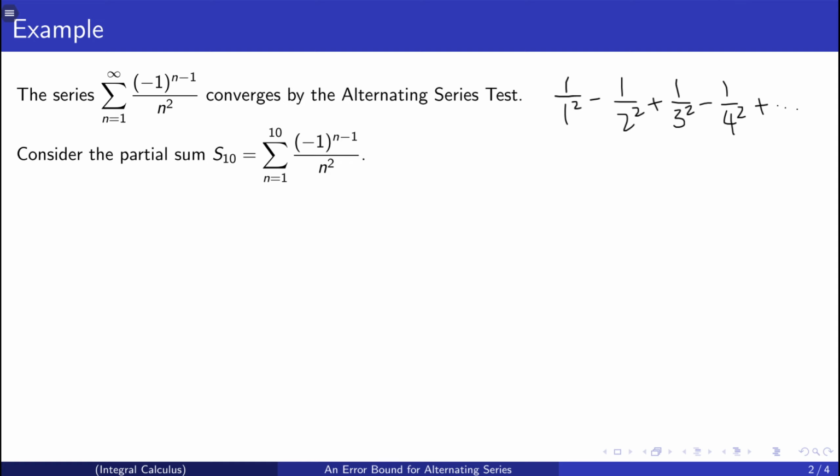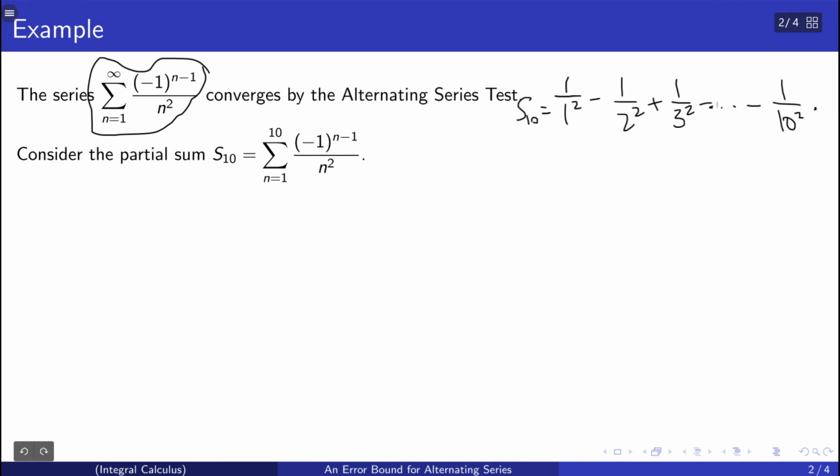So if we just added the first 10 terms, dot, dot, dot, and then minus 1 over 10 squared, and we stop there, this is our 10th partial sum, for n equals 10. It's an approximation to whatever the value of this sum is when you add everything to infinity.